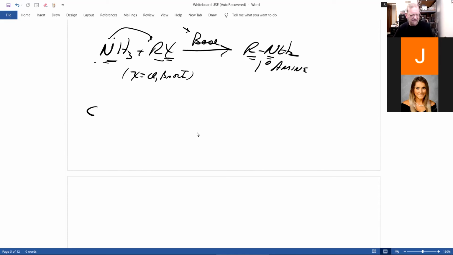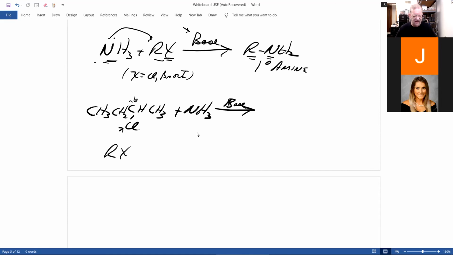So let's do one. It doesn't matter which you put first or second, like I just did. The question is, what is the organic product or products of the following? When we look here, what's different, what's not carbon, hydrogen? Halogen on a carbon, that's an alkyl halide.